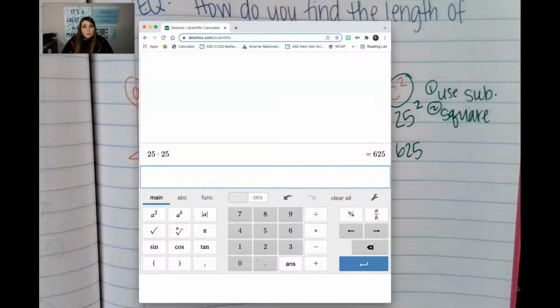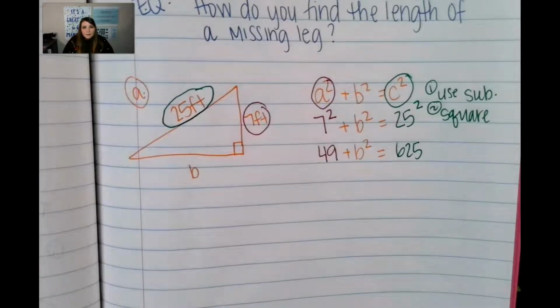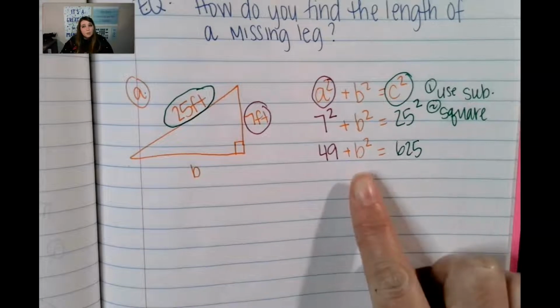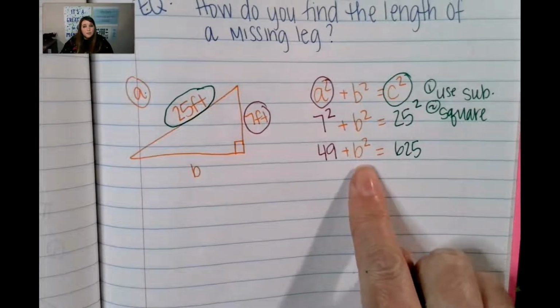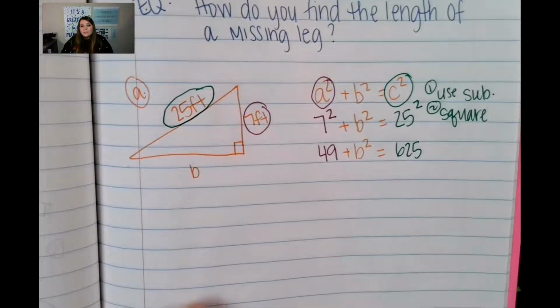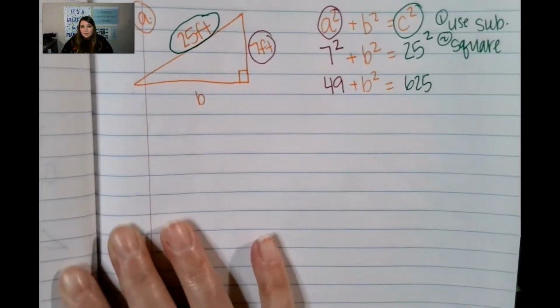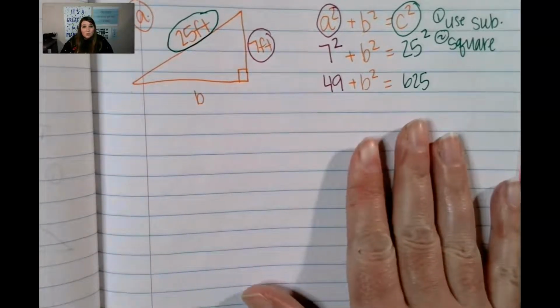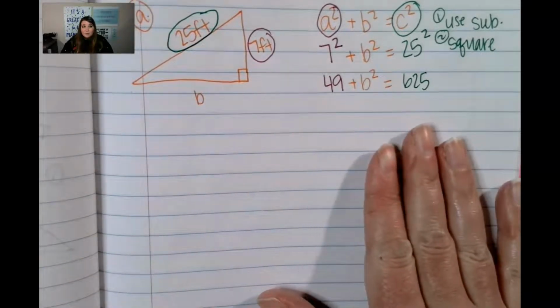Okay, so here's where it's going to get a little bit different than what we did. We know A, we know C, but we do not know what B is. But we can isolate this variable and use this as a one-step equation. So we're going to solve this as if it were a one-step equation.